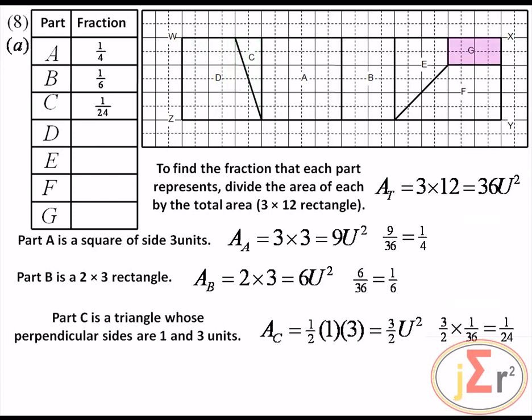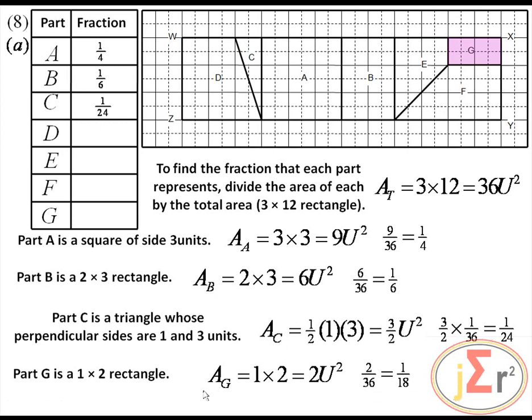Any more? Right, a rectangle G. We have gone all the way down to G. But it says complete the table, and we are completing the table. So the area of G, A sub G, is equal to, of course, G is a 1 by 2 rectangle. So the area of G is 1 multiplied by 2, and that is equal to 2 units squared.